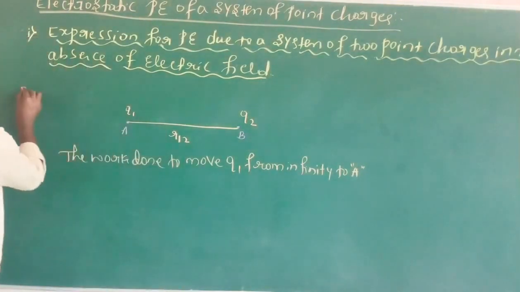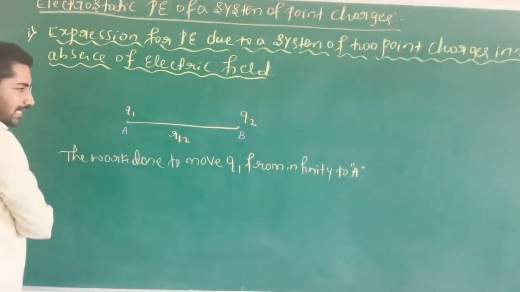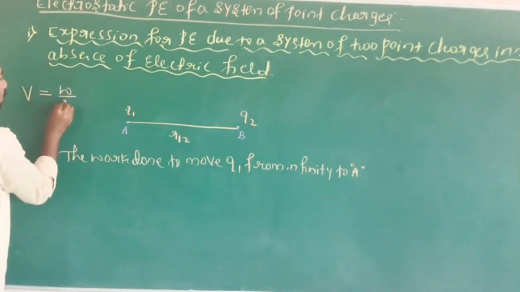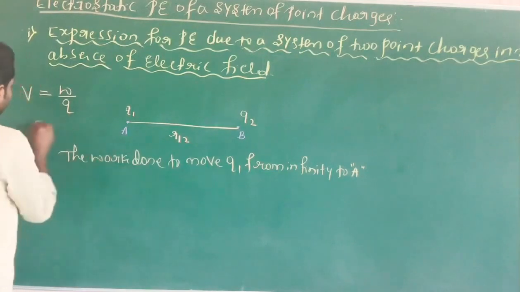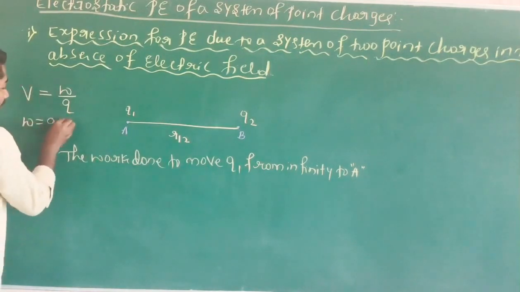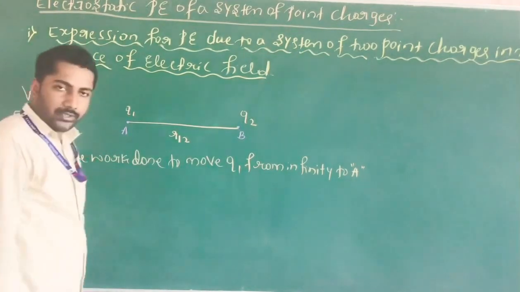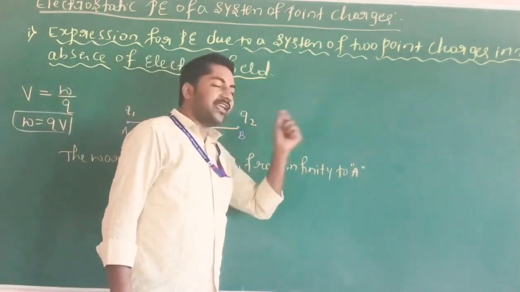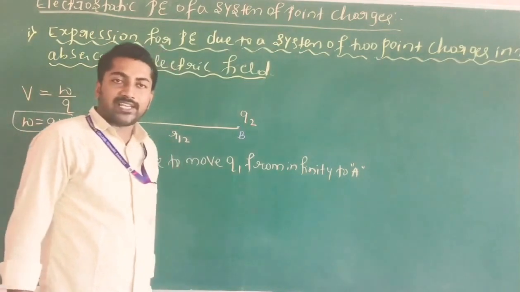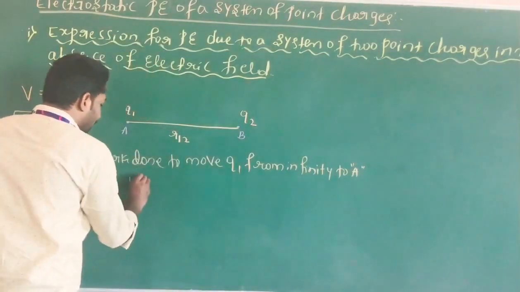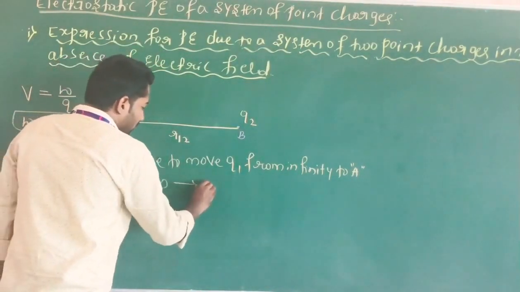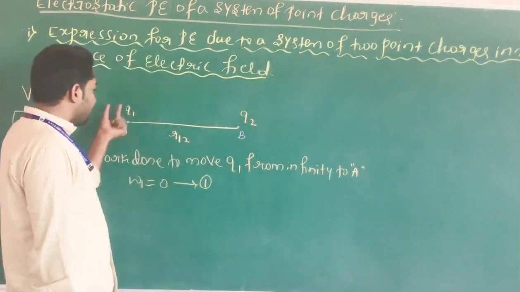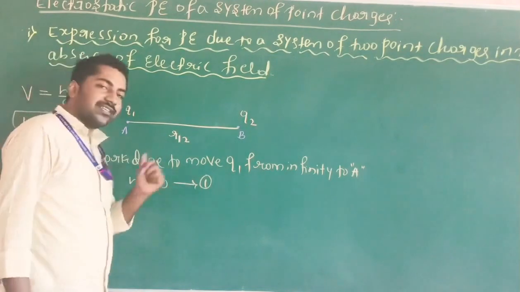We know the simple form: the electrostatic potential energy, or electric potential, V is equal to W divided by Q. The work done W is equal to Q into V. In this case, the work done to move Q1 from infinity to A, there is no initial electric field, that's why the work done W1 is equal to 0. This is equation number 1.